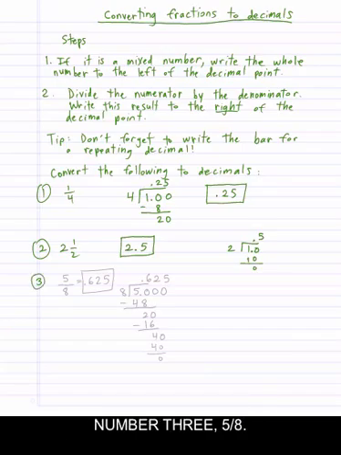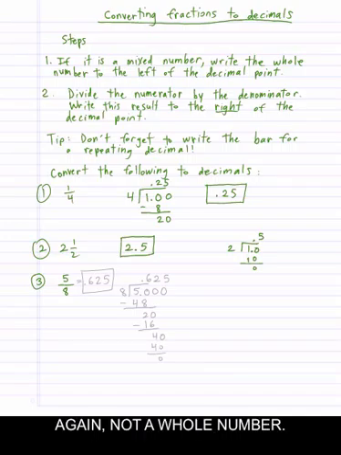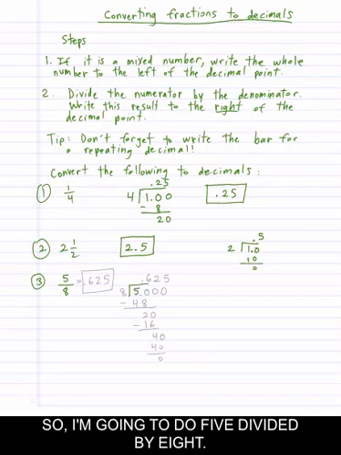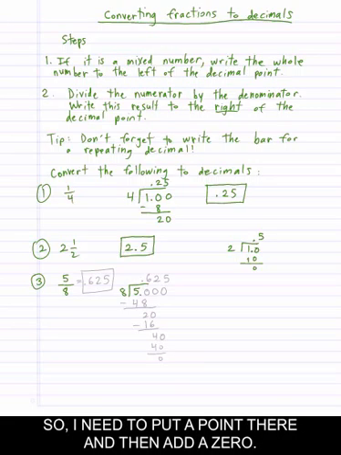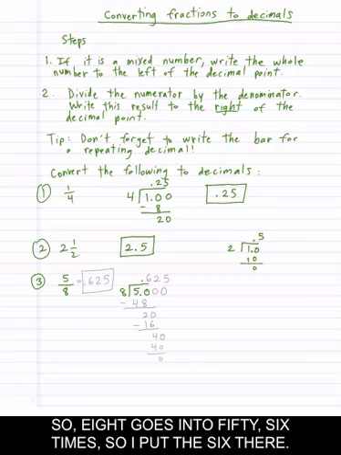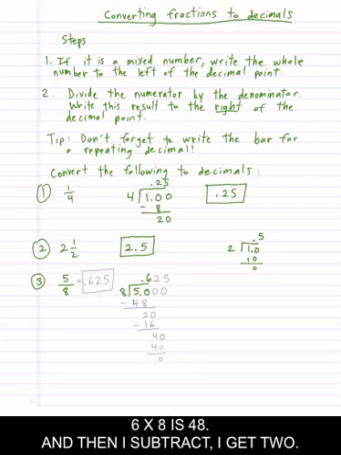Number 3. 5/8. Again, not a mixed number, so I'm going to do 5 divided by 8. 8 doesn't go into 5, so I need to put a point there. And I add a 0. So 8 goes into 50 six times. So I put the 6 there. 6 times 8 is 48.